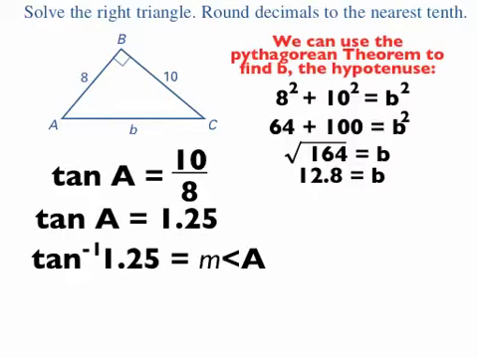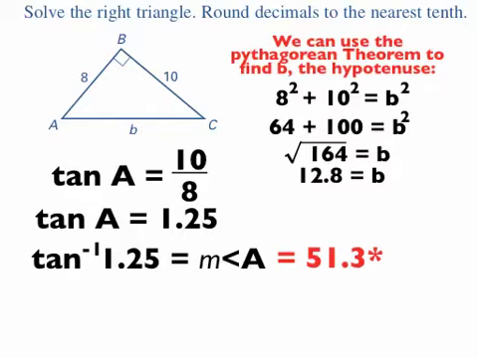Go ahead and click second tangent and then plug in 1.25. If you have a calculator, sometimes you have to do 1.25 and then click second tangent. Either way, make sure you're in degrees, and you should get 51.3 degrees.